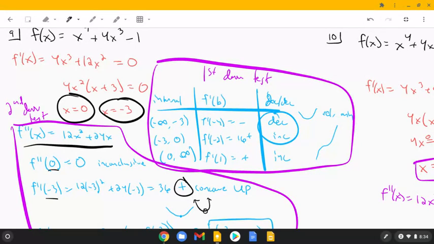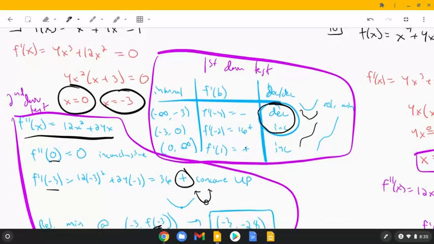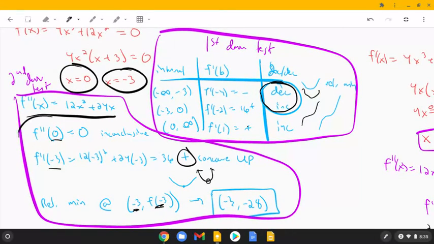I plugged in -2 because that's on this interval. I got a positive. Plugged in 1, I also got a positive. Then we look for the sign changes. So we're decreasing to increasing. That looks like this. That tells us a relative min, which is what we found. The other one, it's increasing, and then it levels off to 0, and it keeps increasing. So there's no extrema there at 0, which is what we found based on the second derivative test.